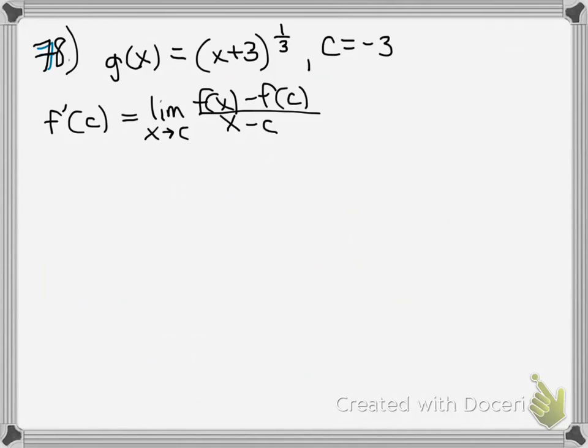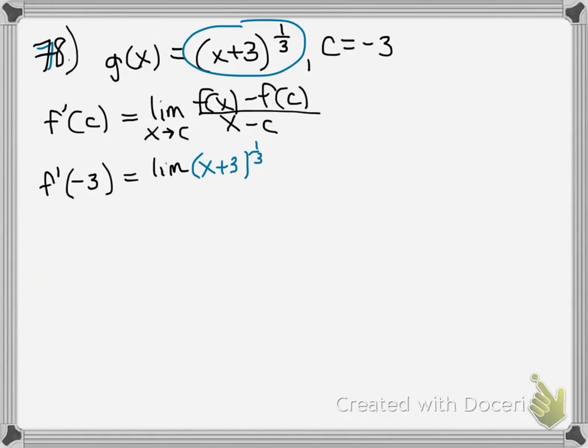And in this case, c is negative 3, so I'm finding the derivative at negative 3, which is equal to the limit of f of x, and f of x I know is going to be x plus 3 quantity raised to the 1/3, okay, minus f of c.